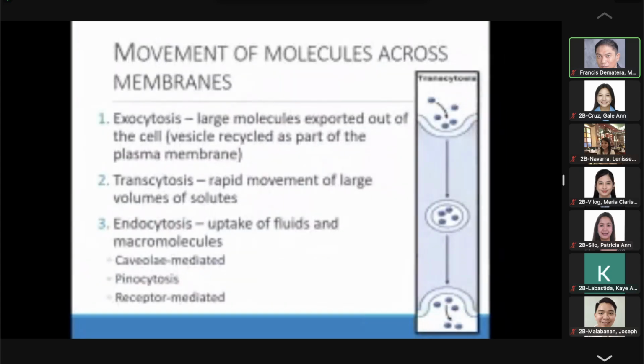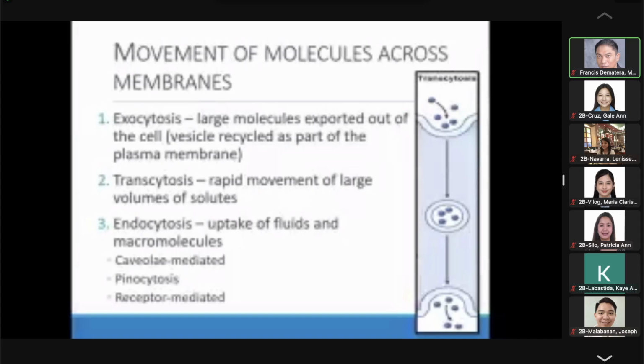So there are three types of movement of solutes across the membranes. You have exocytosis, transcytosis, and endocytosis. So exocytosis, this is when large molecules are exported out of the cell. Usually the vesicle is recycled as part of the plasma membrane.